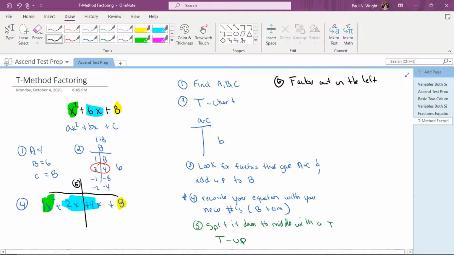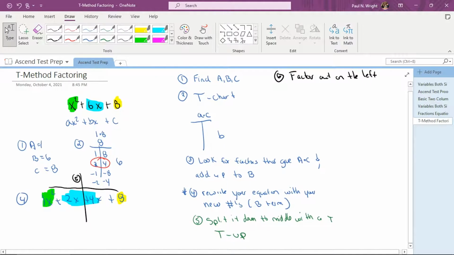And if I look here, I have 1x squared plus 2x. I'm going to raise the screen just a tad. I can pull out an x and get x plus 2. If I were to distribute that x back in like this, I would get what I had on the top left. This is a great way to self-check to see if I'm getting it right. Let me take away those.